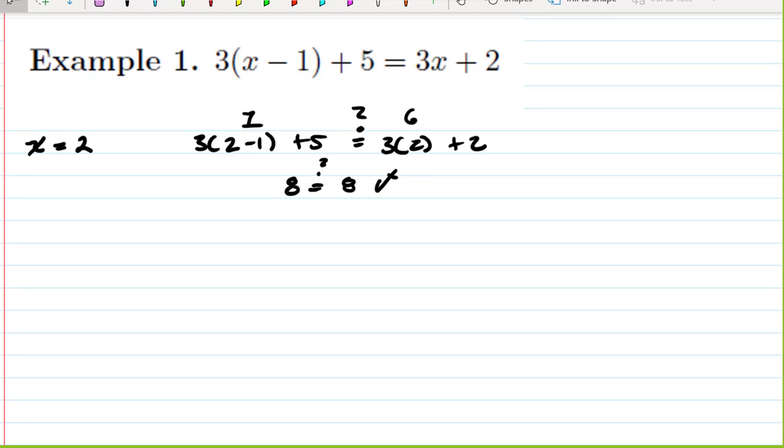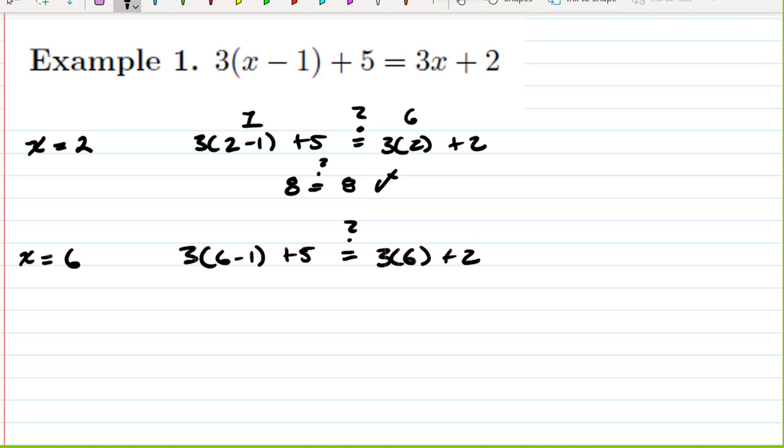Let's try another one. What if I just guess randomly x is equal to 6? That's 3 times (6 minus 1) plus 5. Is that the same as 3 times 6 plus 2? Well, 6 minus 1 is 5, 3 times 5 is 15, plus 5.